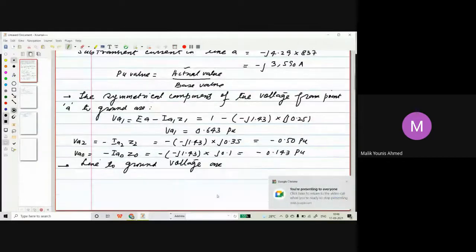Okay. So the first part we have done. Line to ground voltage is the phase voltage, that means VAN or VA, we write it.